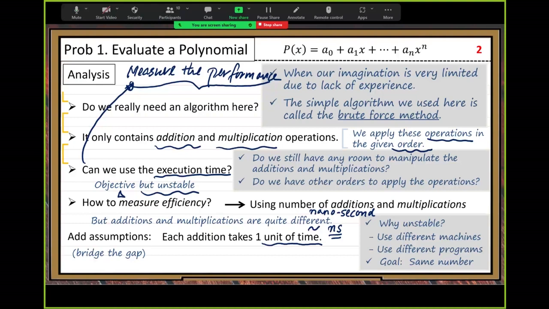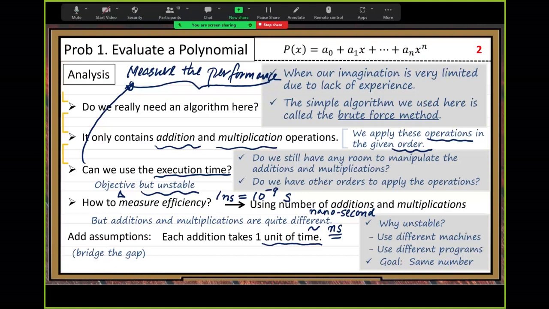So here, let me just write 1 nanosecond. 1 ns equals 10 to the negative 9th of 1 second, or 1 billionth of 1 second. So that's 1 nanosecond. Okay.